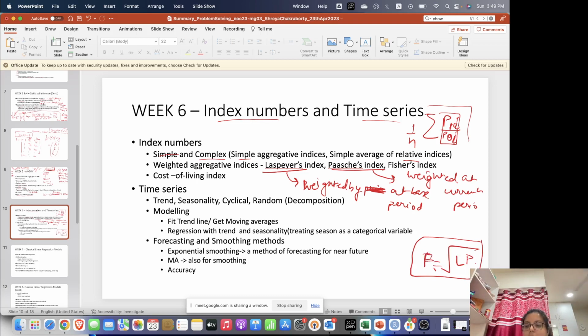This is like the ideal index that we should use for price or quantity. And we also learnt about the cost of living index.